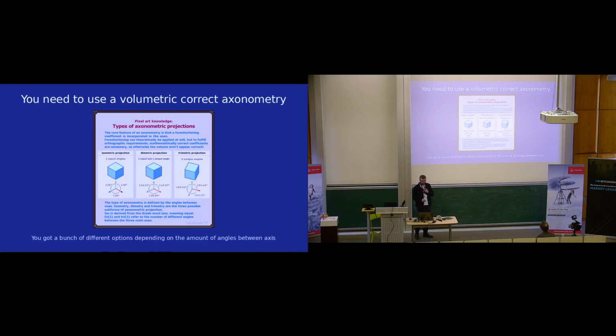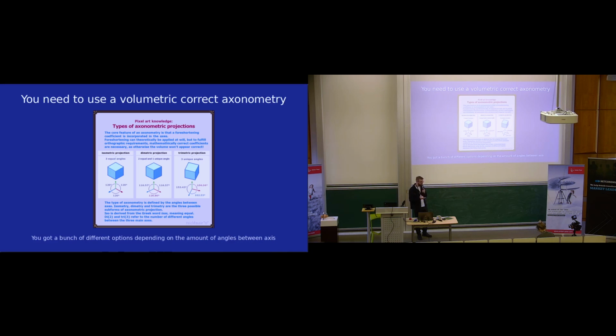So what you need to do to get to an isometry is you need to use a volumetrically correct axonometry. This means if you want to have an isometry, you need something which has a mathematically correct volume. And you've got a bunch of different options to create a correct volume, and those are those metries.